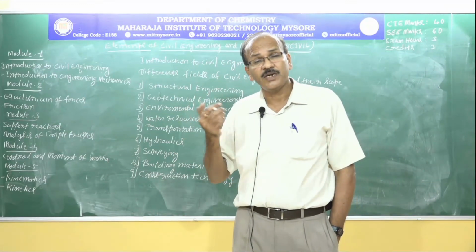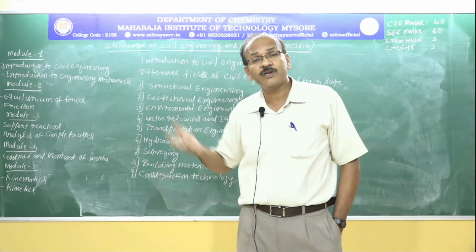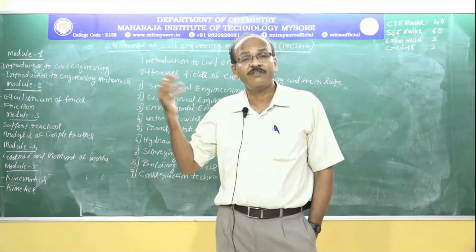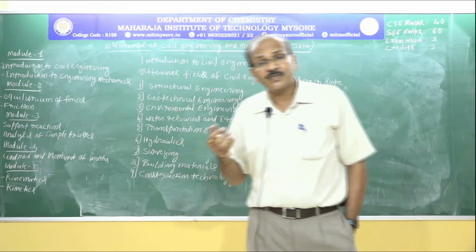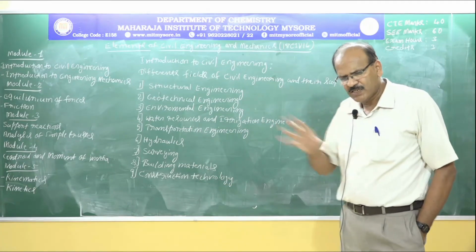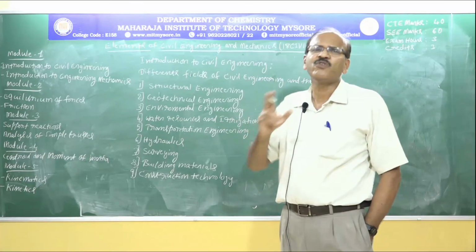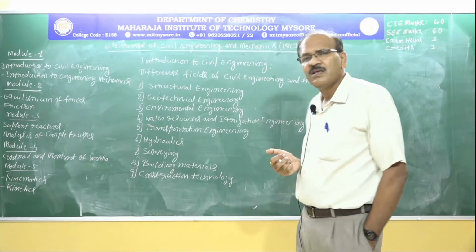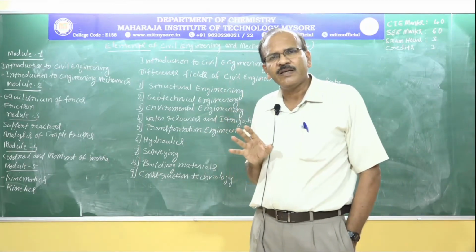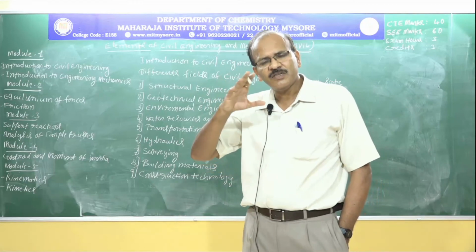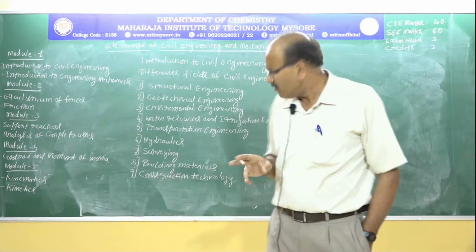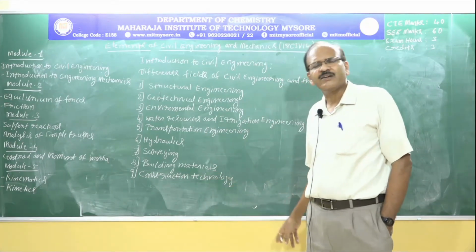It may be a harbor, it may be a long road, 100-kilometer road, 200-kilometer road, or even a 1000-kilometer road, national highway, state highway, etc. First we do survey and estimation, and before we execute the work, everything should be ready, the plan should be ready. Afterwards, we start executing the work after all those plannings. We are going to cover that under construction technology.